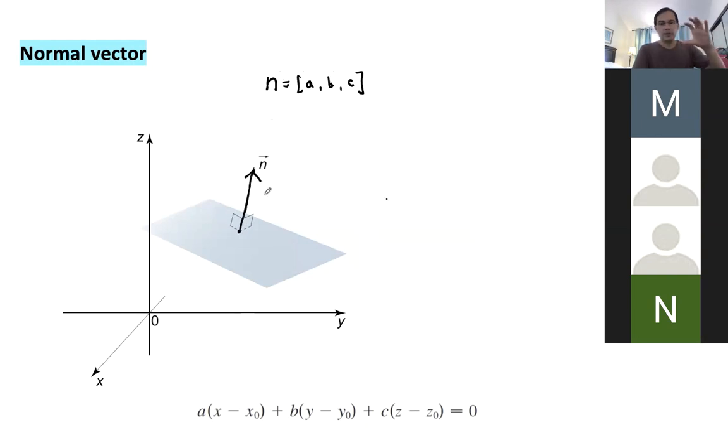Remember that every vector in three-dimensional space has many representatives. So we can bring this vector to this position, and that would be exactly the same vector n. So that would be the representative of this vector. But in any case, we have this given vector n.